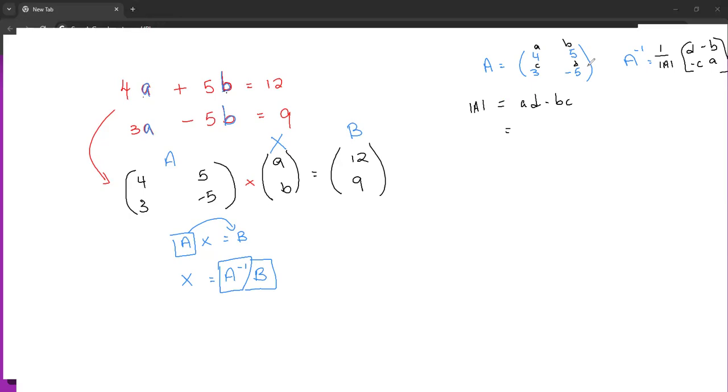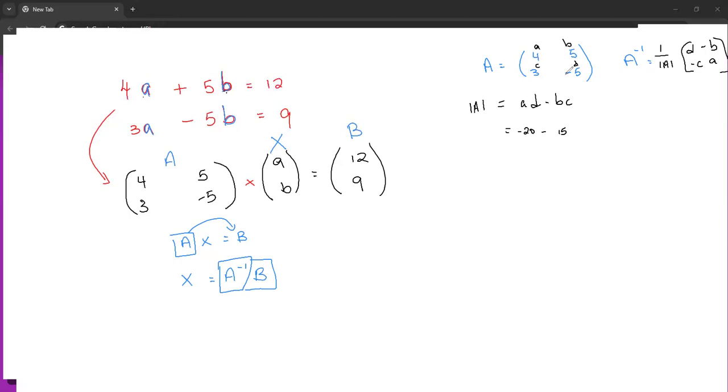I'm going to multiply these two. So this becomes minus 5 times 4. 5 4s are 20, so that's minus 20. Then multiply the other two. So 5 3s, that's 15.